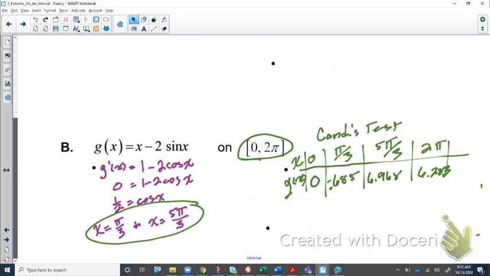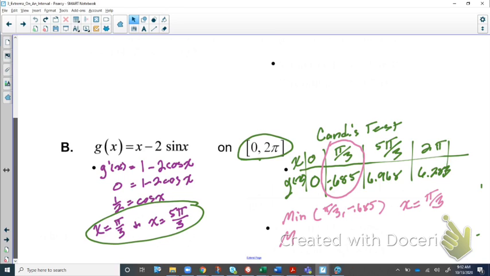The overall smallest number on the y-axis is right here. So I'm going to have my minimum, as a point, at (pi over 3, negative 0.685). If I just want the critical number, I would say I'm going to have a minimum when x is equal to pi over 3.